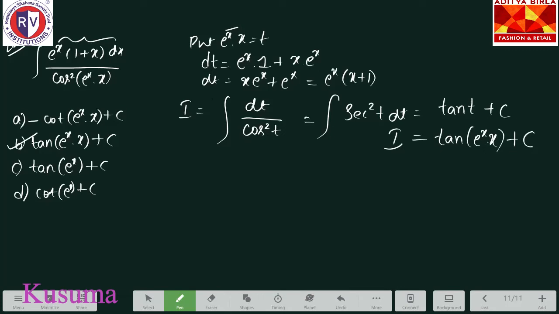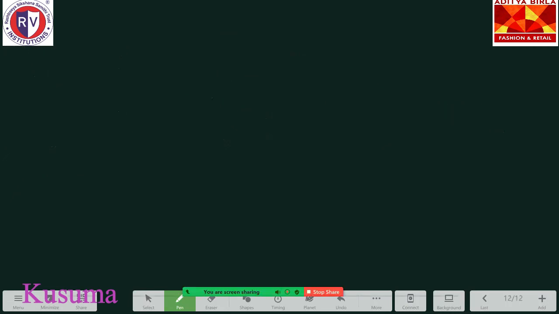Okay. Look at the next question, question 46. Integration of e to the power of x into x square into tan inverse x plus tan inverse x plus 1 divided by x square plus 1 into dx is equal to.